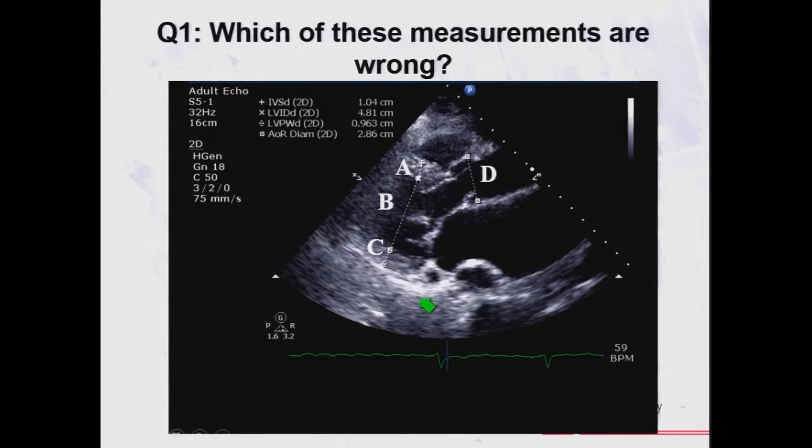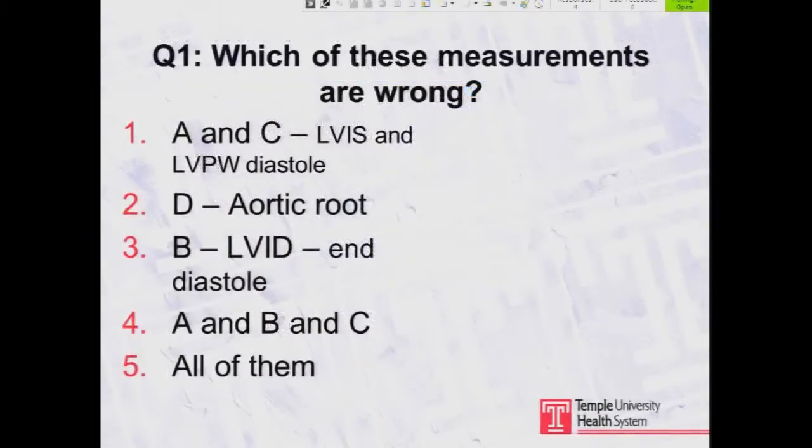So here's our first question. Take a look. Which of the following measurements are wrong? The diastolic measurement of the interventricular septum, the cavity, the posterior wall, or the aortic root? So A, B, C, or D. Don't vote yet. And now the questions are up. Go ahead and vote. Are A and C wrong, the septal and posterior wall measurements?